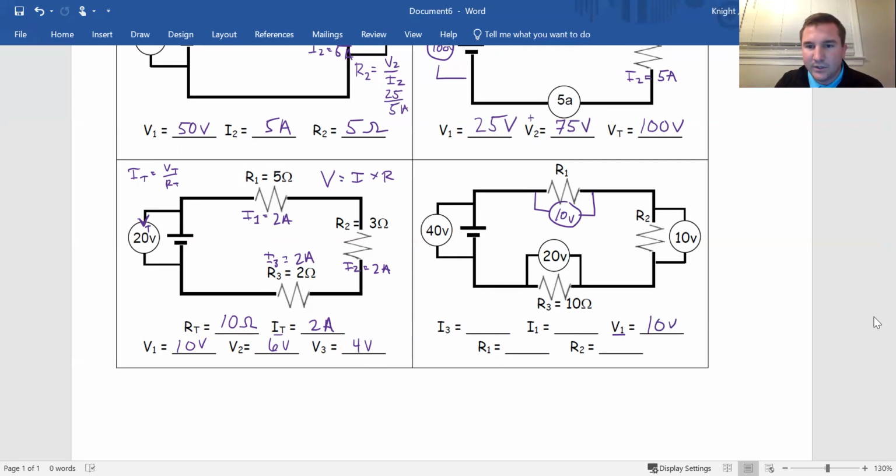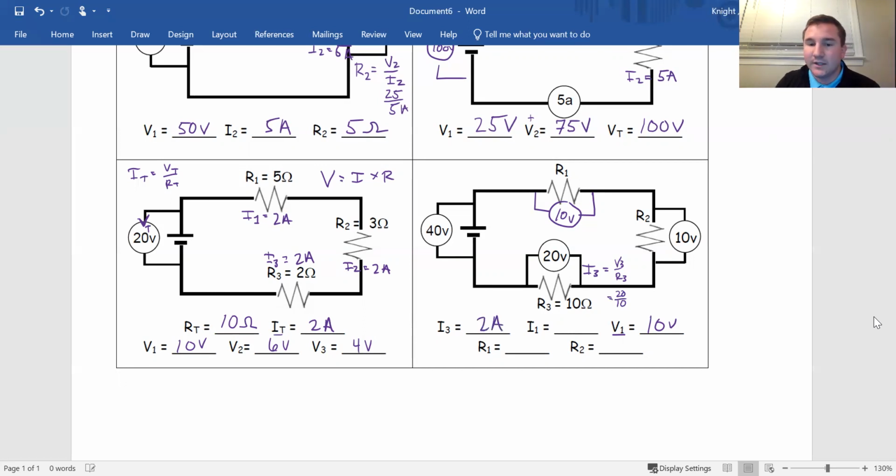Let's see. What else do we know? Well, we have R3 here, right? We have a voltage and we have a resistance. We know that current is voltage divided by resistance. So 20 divided by 10 will give us I3, and 20 divided by 10 is 2.